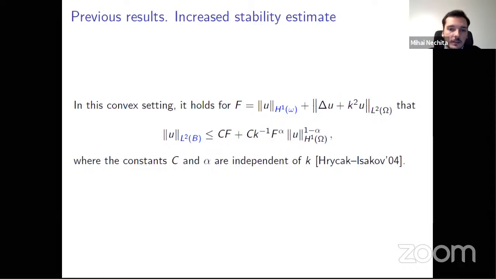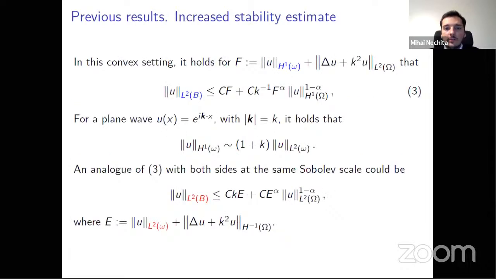And this is called an increased stability estimate because the last term here, as k grows, this one would decrease. So one would roughly recover a kind of Lipschitz stability for this problem.